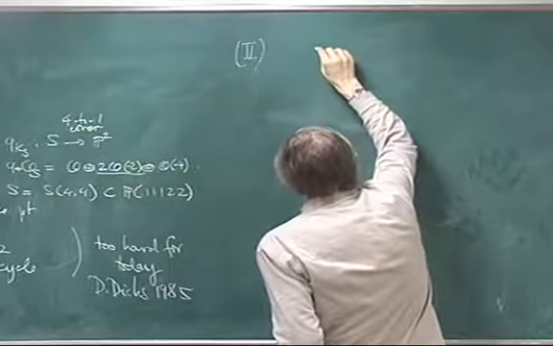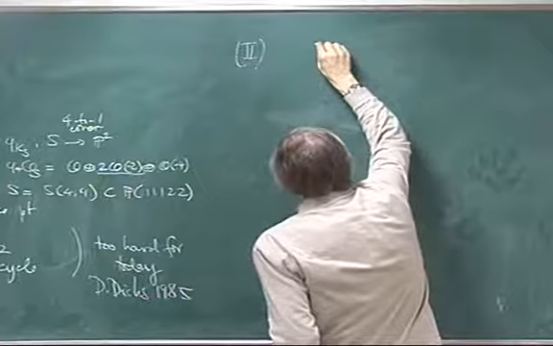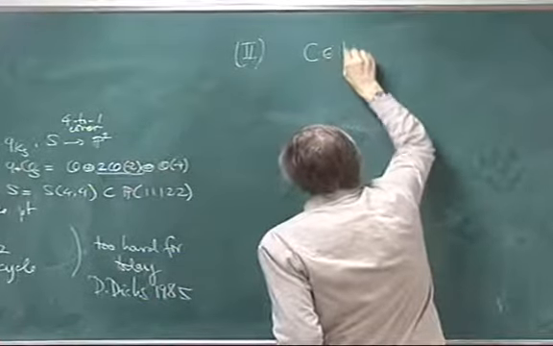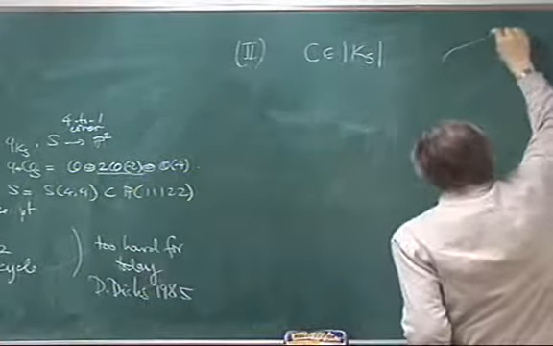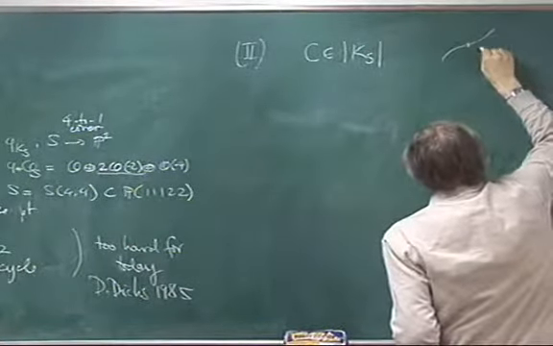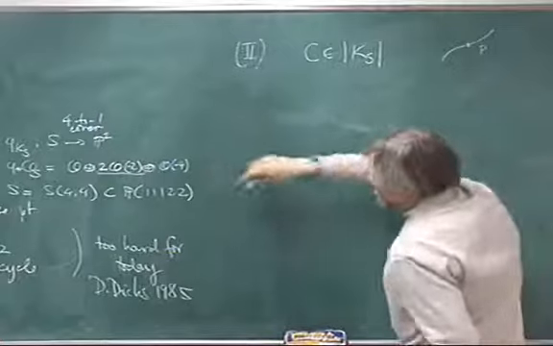So the thing I'm looking at is if I take a general curve C in Ks, then it's passing through the base point P, and it's transversal.